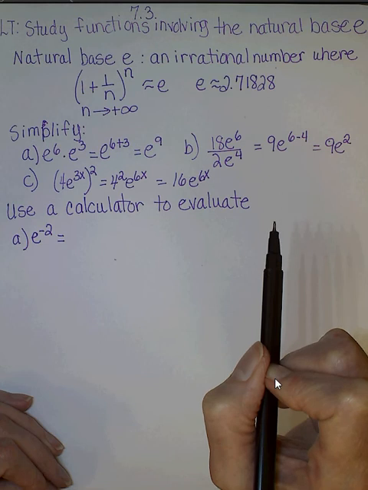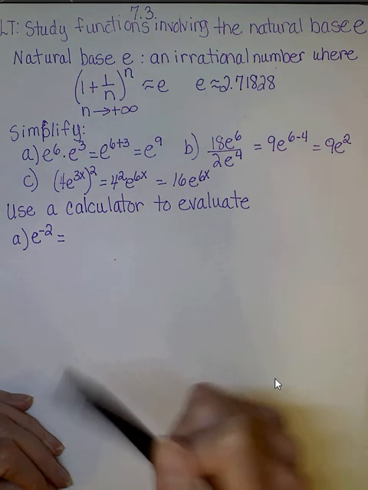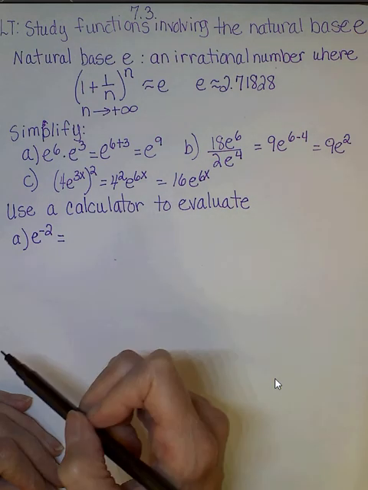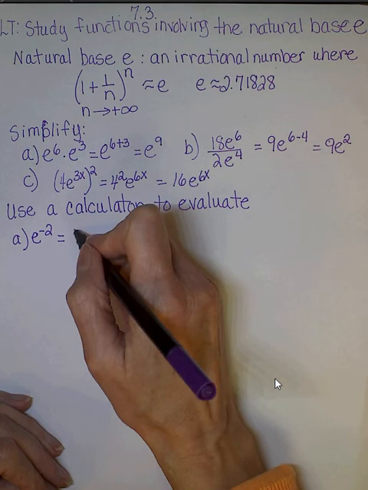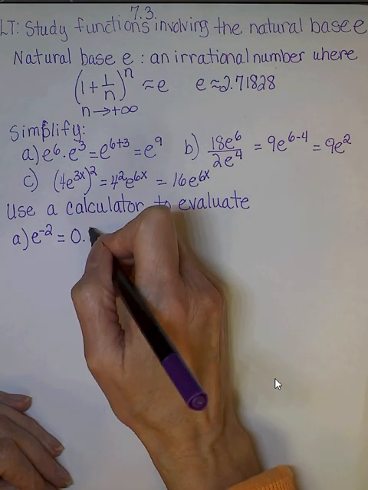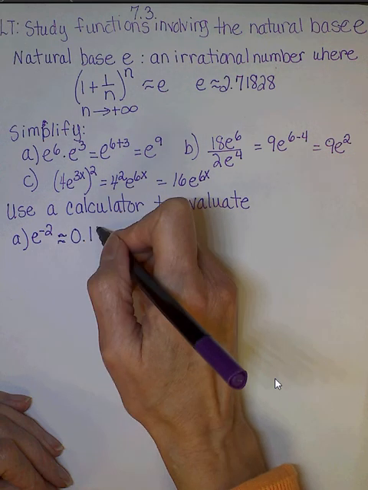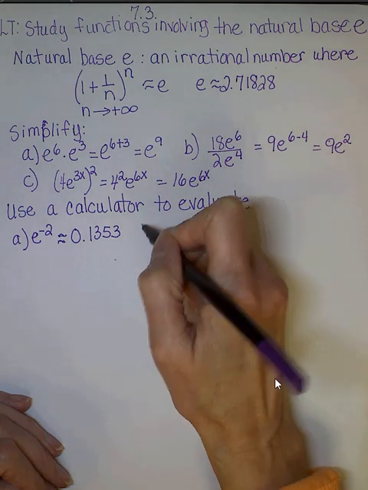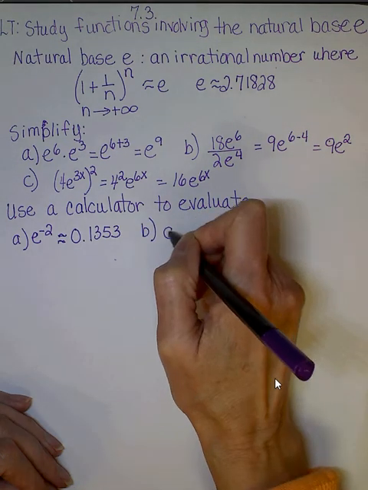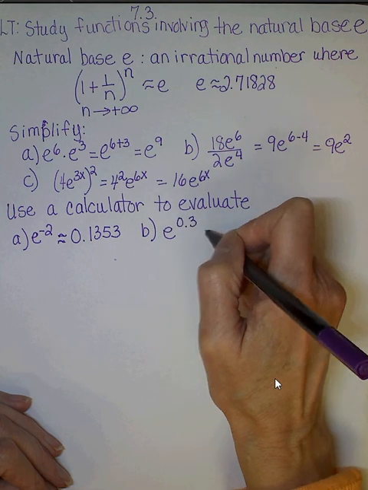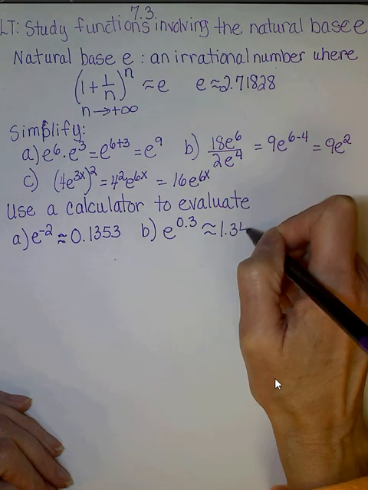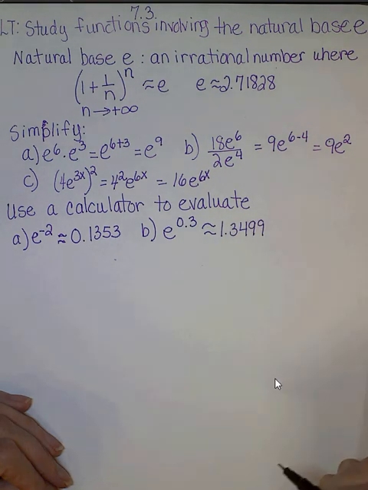And oftentimes you do second LN to get your e button. And when you enter the e button, it'll give you parentheses, and you just plug in -2 for the parentheses. So you should get a number approximately, and we're going to carry a few decimal places here. And do it again and raise it to the 0.03 power. So there will be times when you're actually just going to enter that in the calculator.